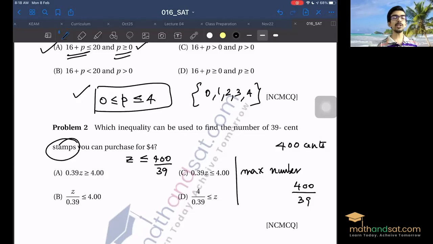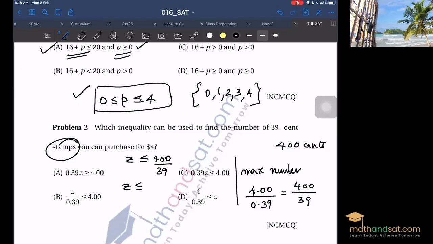Or if you convert everything to dollars, 39 cents can be written as $0.39. So we can write this as $4 divided by $0.39. That way also you can represent it. So your Z value will be less than or equal to 400 by 39, or your Z value is less than or equal to 4.00 divided by 0.39.